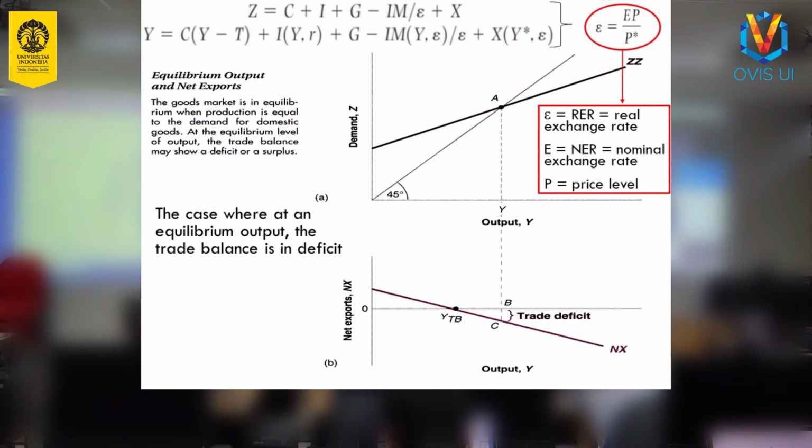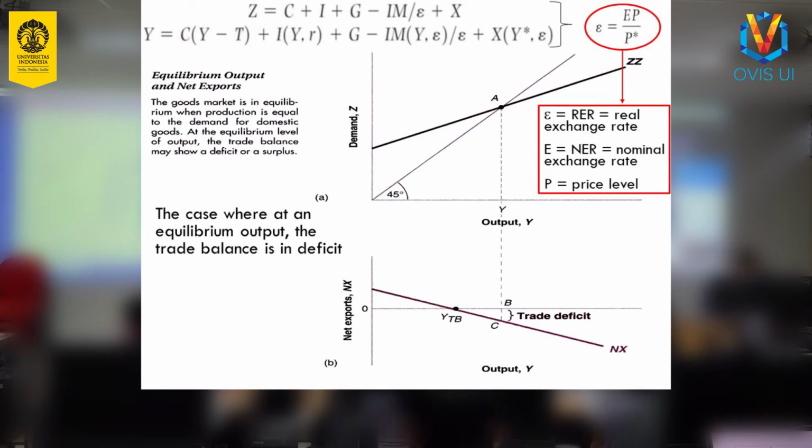We cannot produce our own intermediate inputs or raw materials, so that's why we need a lot of imports. Now, this is too early for you to understand, but later on, maybe in Macro 2, there's a concept called the elasticity of substitution. In Indonesia, I calculated that the elasticity of substitution is very low.